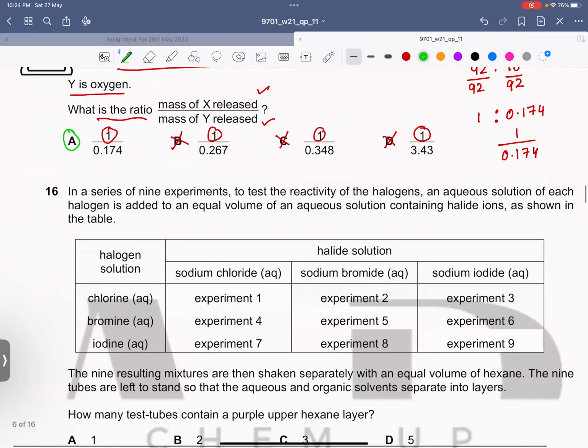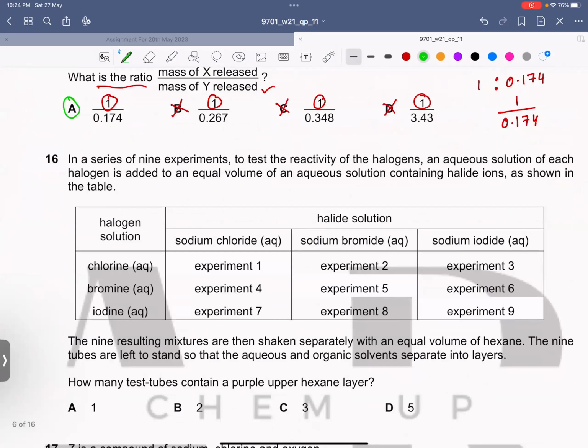Now, question number 16. In a series of 9 experiments to test the reactivity of halogens, an aqueous solution of each halogen is added to an equal volume of an aqueous solution containing halide ions as shown in the table.